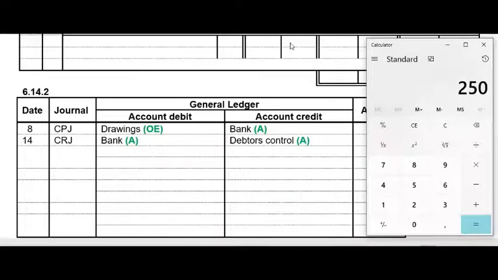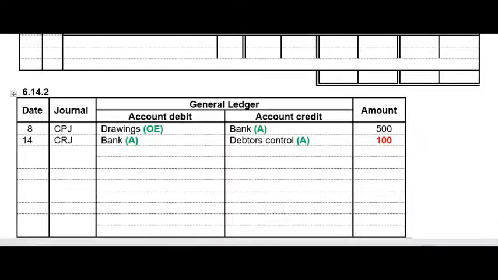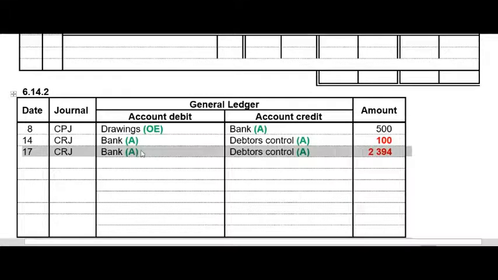So 2,520 multiplied by 95% is 2,394 Rand. That is the amount that he will actually pay us in the CRJ. Okay, so we will say bank will be debited, debtors control will be credited with 2,394.